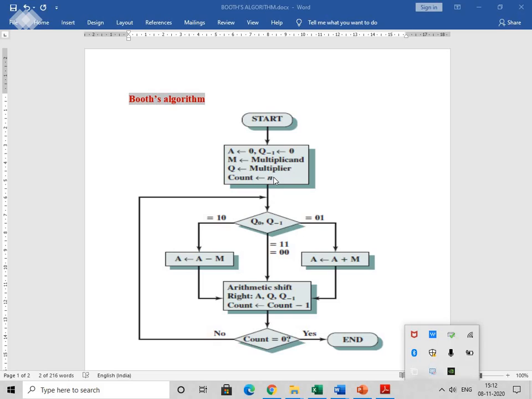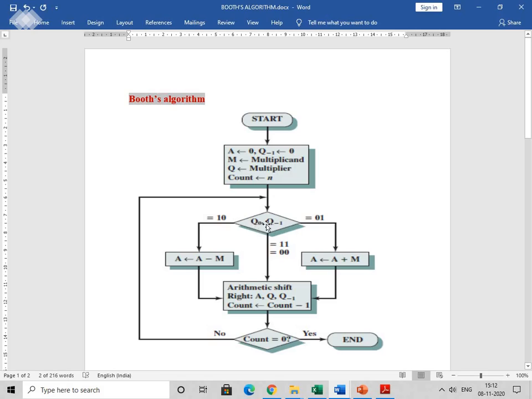So always we are going to check the count whether it has become 0. If not, we will repeat the loop. So let's see how we are going to perform this algorithm. We are going to check the Q0 and Q minus 1 bit.